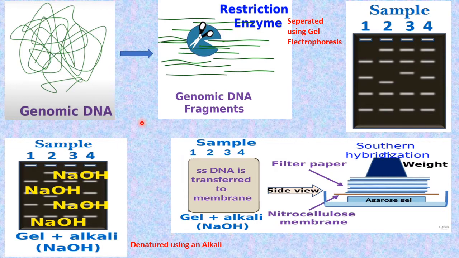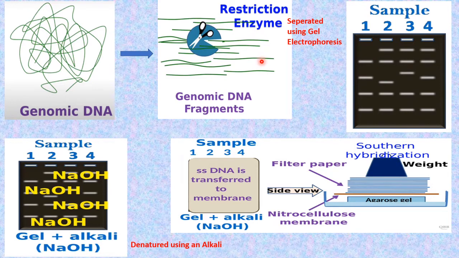So for this technique, we subject the genomic DNA to a particular restriction enzyme and we obtain different fragments of the genomic DNA. Because this restriction endonuclease will break the phosphodiester bonds at the particular recognition sequences, and we have talked about these restriction enzymes in another video of ours.